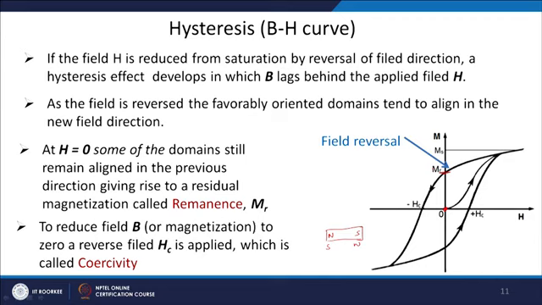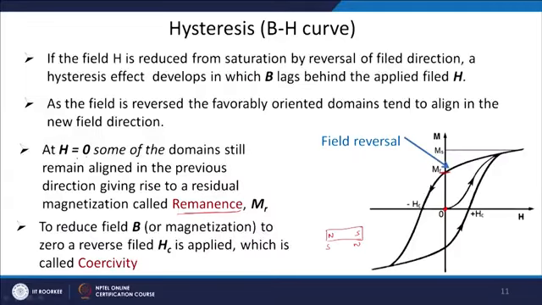So there is some remnant flux, though my external field is 0 now. This remnant flux is called remanence, because this much has remained in the material, since all the domains could not get aligned in the opposite direction when we reverse the field.